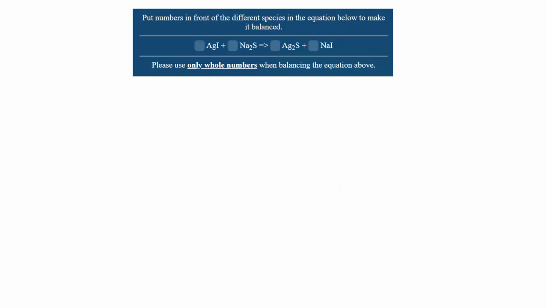Okay, so in this particular case, we've got AgI, which is silver iodide, reacting with Na₂S, sodium sulfide, producing Ag₂S and NaI, right?